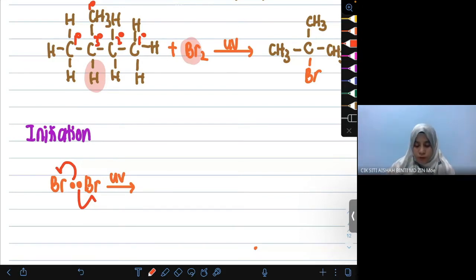Okay. So again, dia boleh macam ni. Ataupun nak buat arrow dia macam ni pun boleh tak? 1, 2 pun accepted. So we're gonna form 2 of our radical bromine. Radical. Dot ni is up to you nak buat atas, bawah, kanan, kiri, kiri kanan. Anyway, also can. So that is actually for initiation.